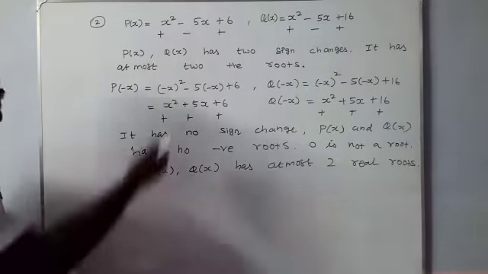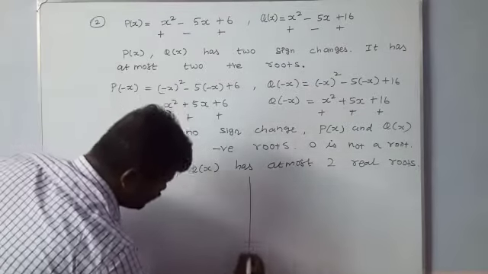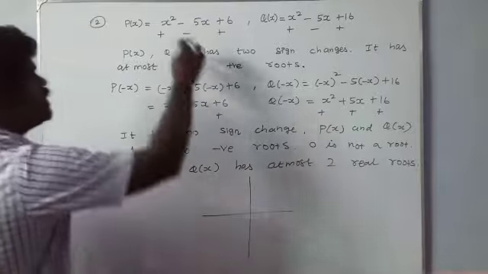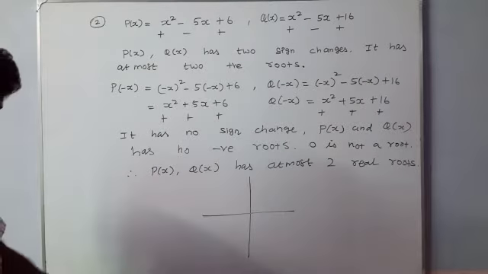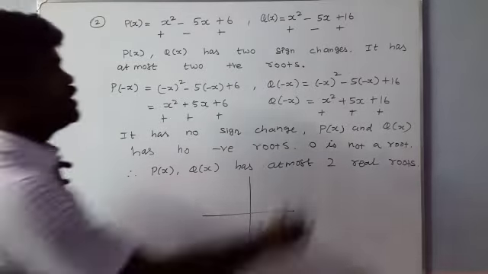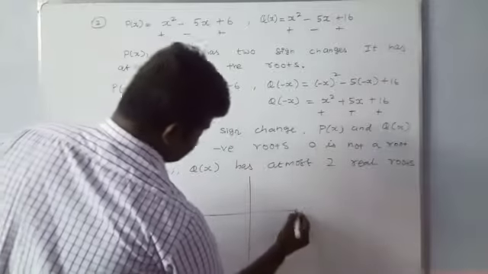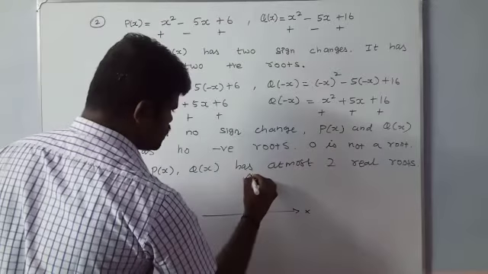Okay, right. Now we want to draw the rough sketch. How to draw the diagram? Because this is a quadratic equation, every quadratic equation is of parabolic form. It's a parabola, and this is also a parabola. This is the x-axis and this is the y-axis.